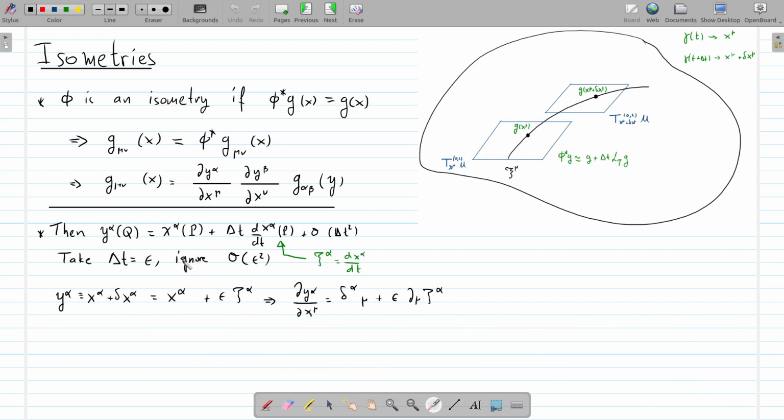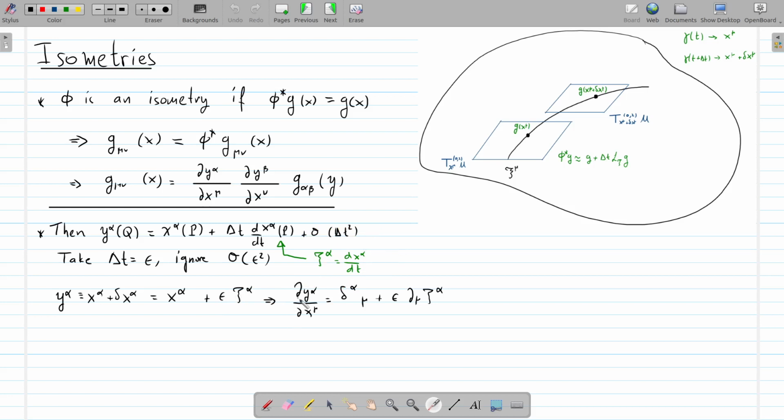So what we will do is we will consider an infinitesimal ε here, and in all our computations now we will ignore all terms of order ε² and above. Therefore, the coordinates y are equal to the coordinates x, and they are perturbed away from those values by ε times ξ^α, where ξ^α are the components of the vector field ξ.